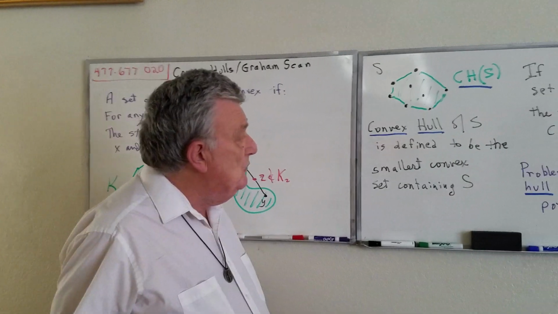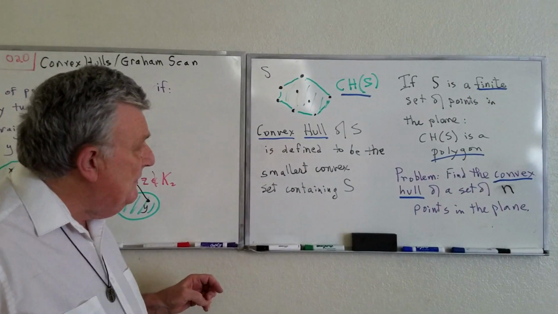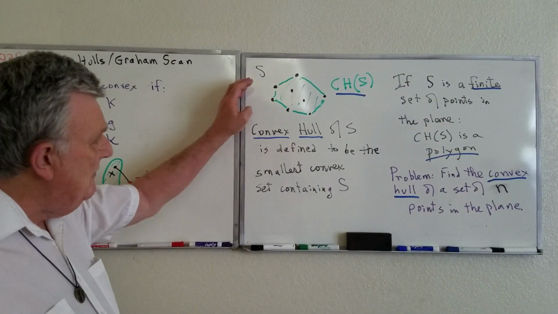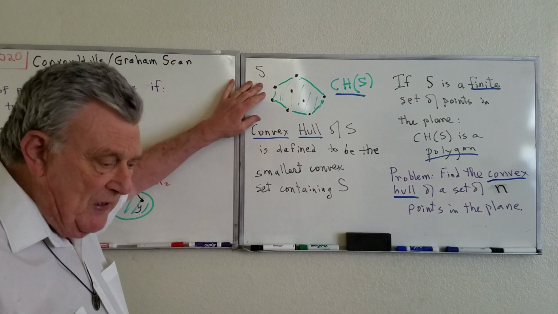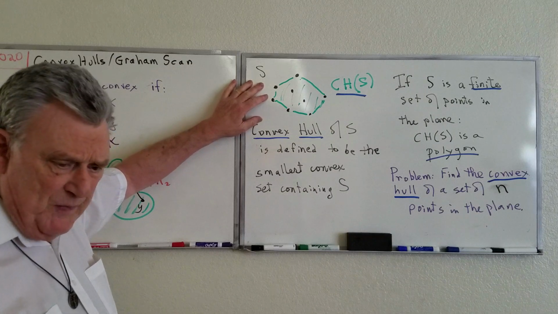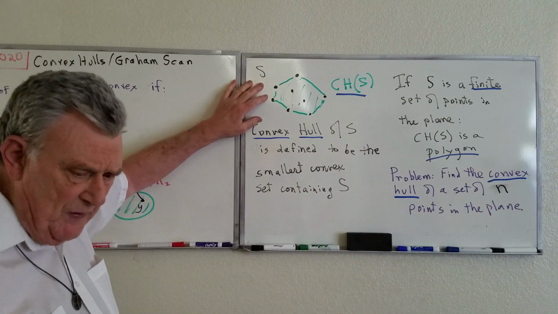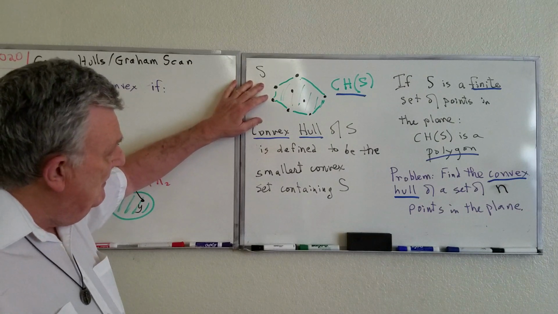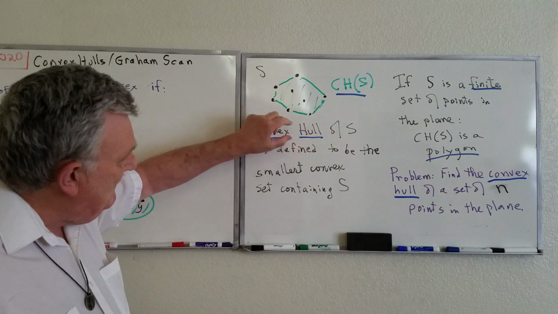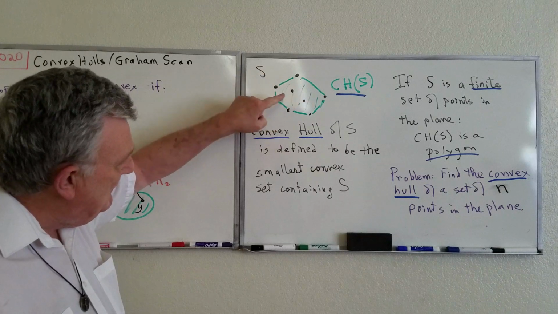Now, we're going to talk about the convex hull of a set. Again, all our examples will be in the plane, although we can talk about convex hulls in the line or in three-dimensional space, or there are other examples. But we're going to say CH of S. Suppose S is the set of black points here.